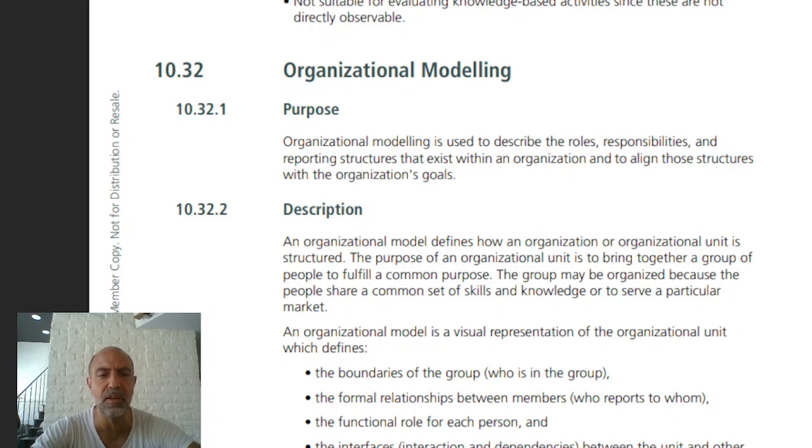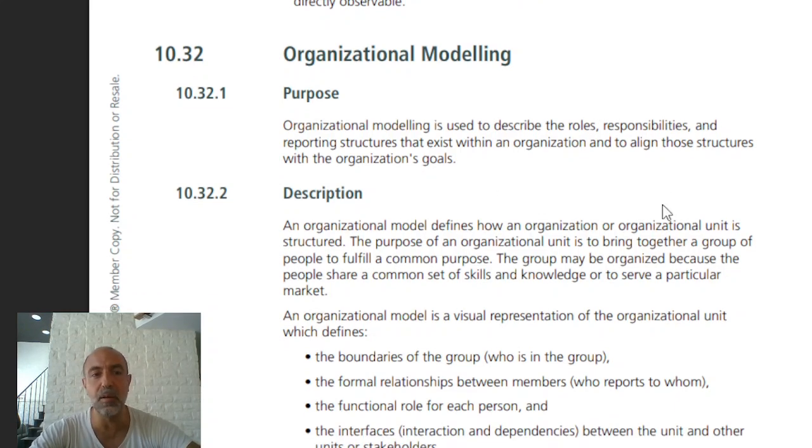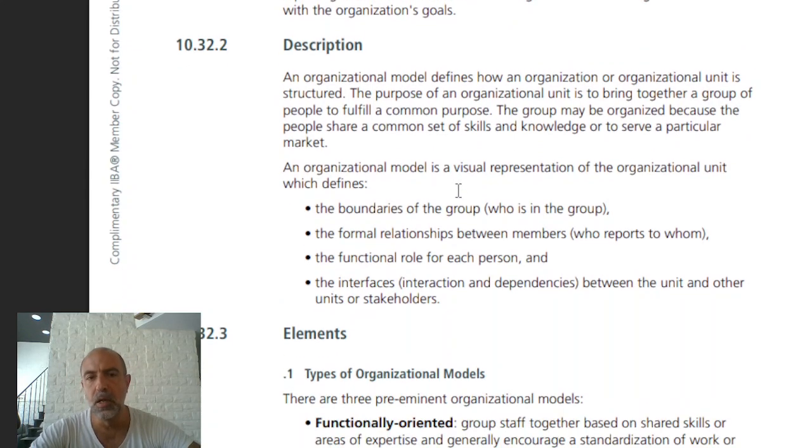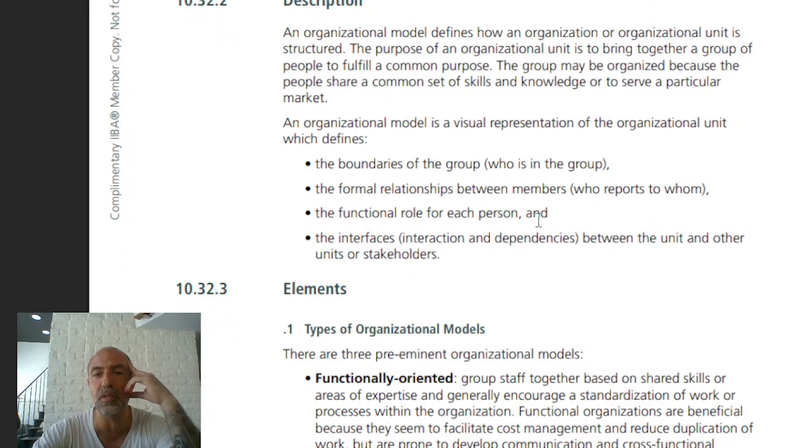Organizational modeling. We're back to modeling. The purpose is to understand how the organization functions, to describe the roles, responsibilities, and reporting structures that exist within the organization, and to align those structures with the organization's goals. An organizational model defines the hierarchy of the organization: where the departments are and who's in charge.